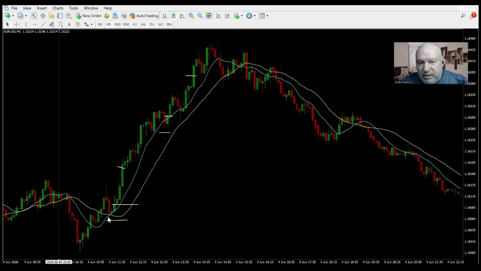Then for short entries, so that's about long entries. The original entry is when we have a cross of 10 SMA above the 20 SMA, as long as the conditions remain the same when the candle closes, right? The cross is confirmed. We enter, stop loss just below the previous swing low point, take profit target 2 to 1. And re-entry, as long as we have an uptrend going on M15, remember 10 again above the 20, we can re-enter when we have a pullback in between the SMAs or even towards the 20.